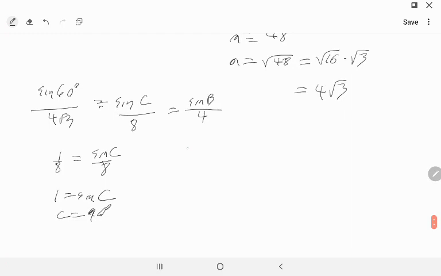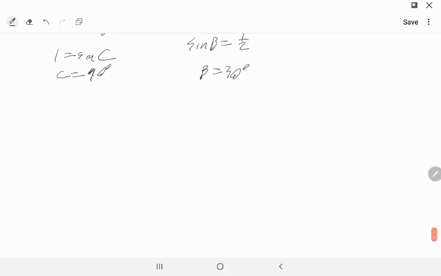And we notice that we'll get 1/8 equals sine B divided by 4, and so sine B equals 1/2, and so B turns out to be 30 degrees. And so, like I said, that one winds up being not terribly interesting, because it turns out to be a 30, 60, 90 triangle.